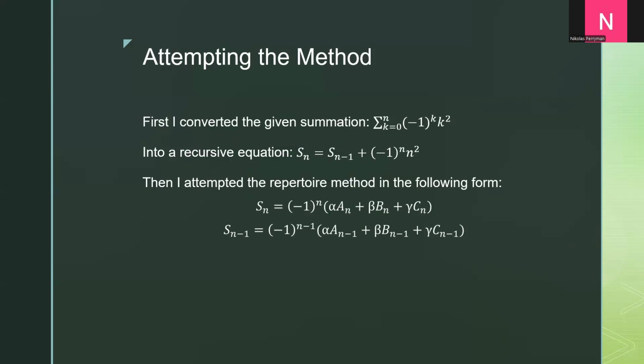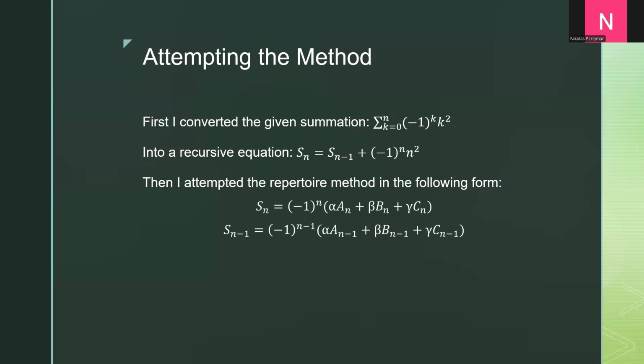So attempting the repertoire method, I converted the given summation into a recursive equation. So basically, the current n equals the previous n value plus whatever happens when you plug in the current n value.